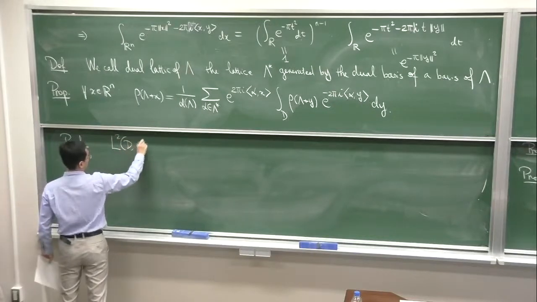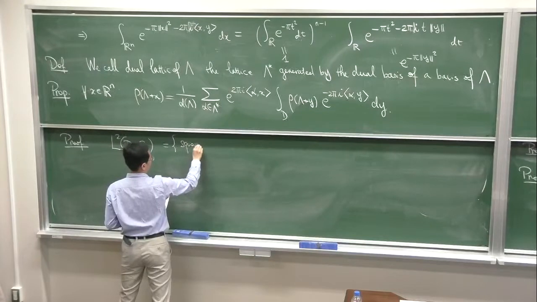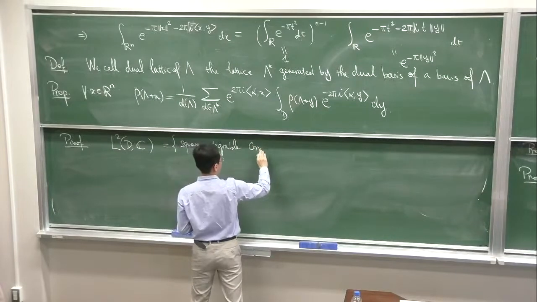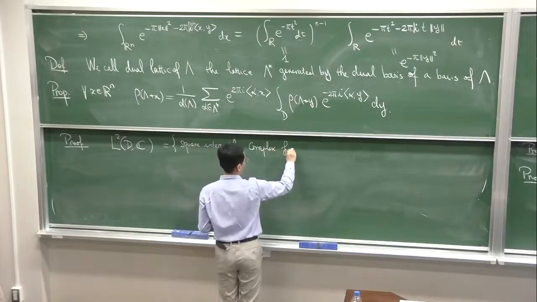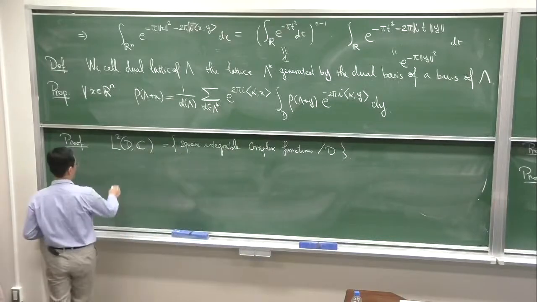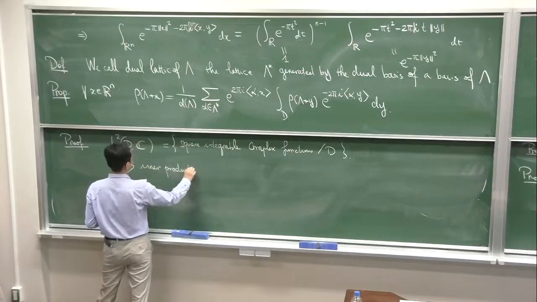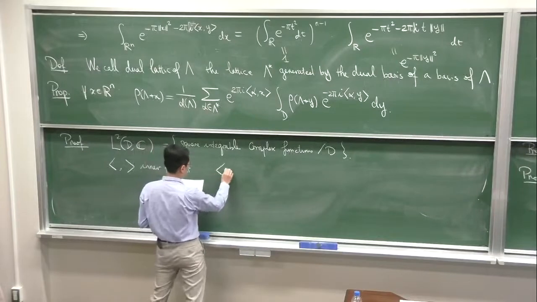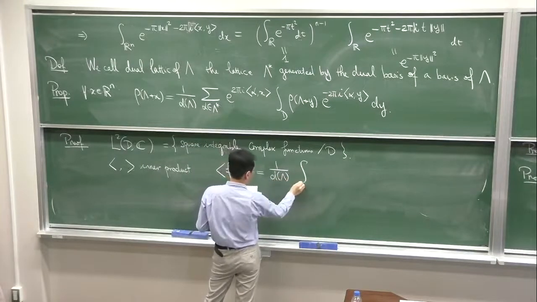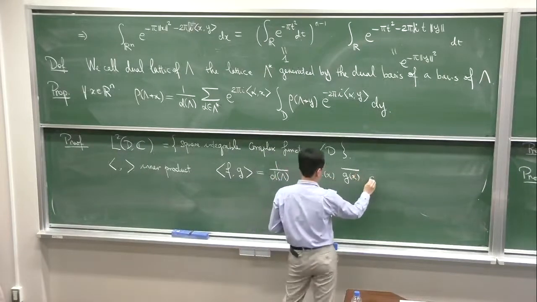We introduce some L2 space over D. It's just the square integrable complex functions over D. And you have some inner product defined on this space, which is given by the inner product of f and g is 1 over d lambda times the integral over D of f(x) times the conjugate of g(x) dx.